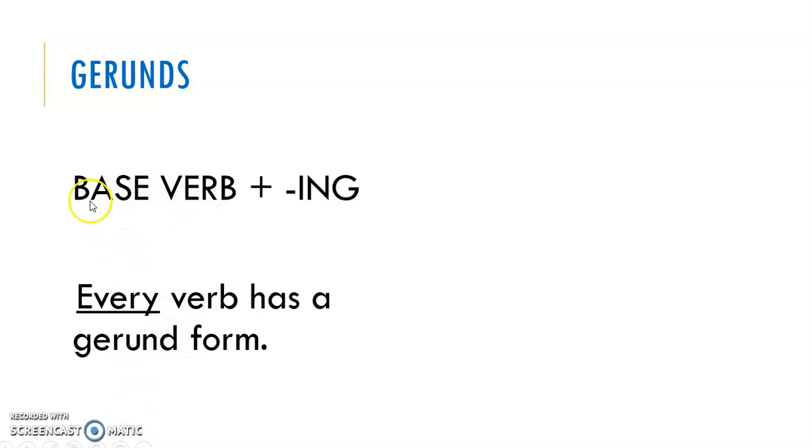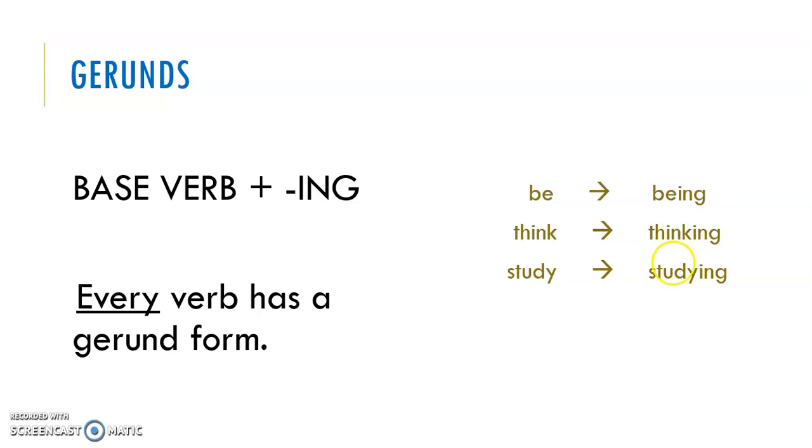It is simply a base verb plus ing. Every single verb in English has a gerund form. You can use every verb in English as a gerund. So no matter what the verb is, if the verb is be, the gerund is being. Think, the gerund is thinking. Study, the gerund is studying.